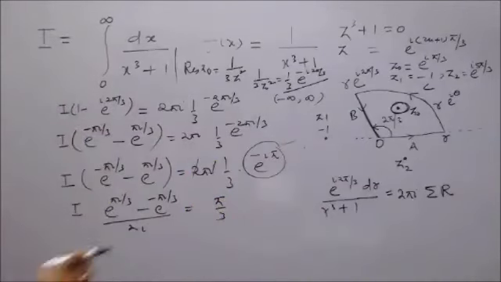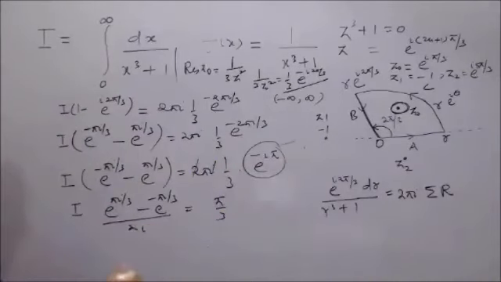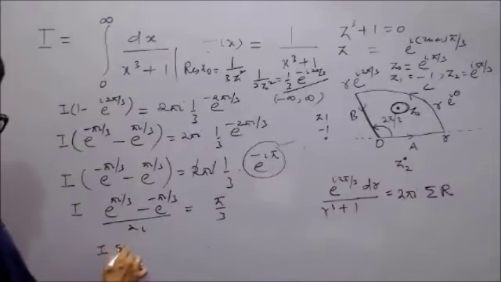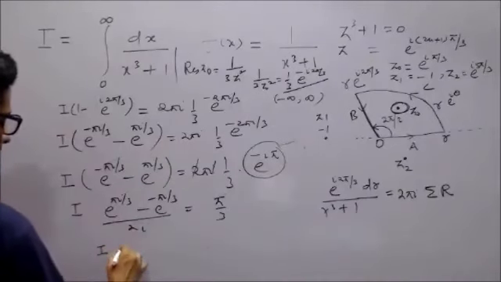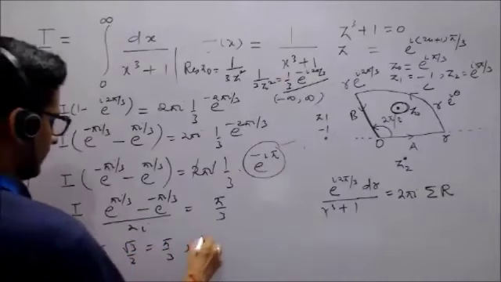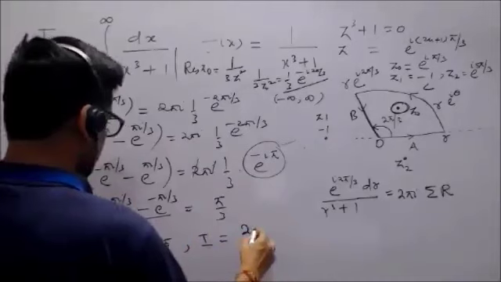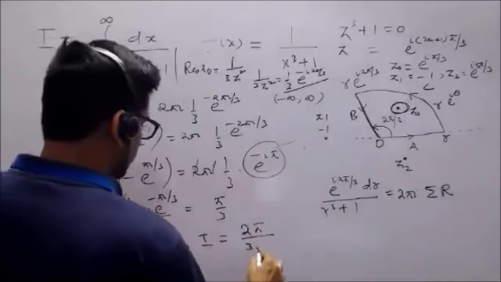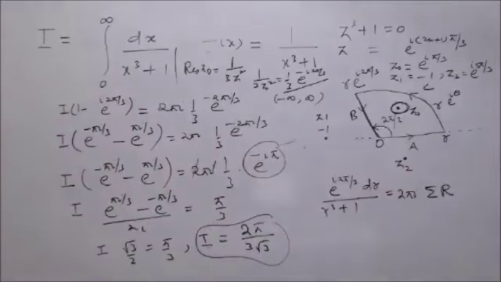Pi by 3. And what is this value? Tell me. Sin pi by 3, which is root 3 by 2. So I will become 2 pi by 3 root 3. This is the answer: 2 pi by 3 root 3.